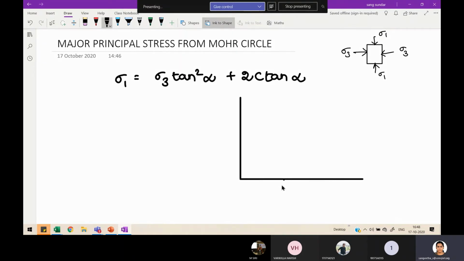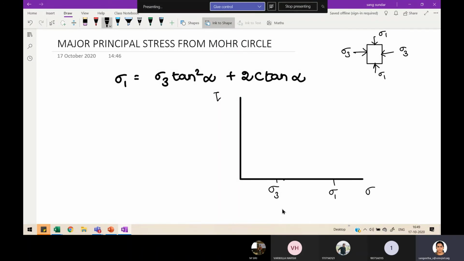In this condition, let's draw the Mohr's circle. To draw it, we take normal stress on the x-axis and shear stress on the y-axis. Let's plot sigma 1 and sigma 3. Let this be sigma 3, because sigma 3 is the lowest value, and since sigma 1 is larger than sigma 3, let us plot it here.